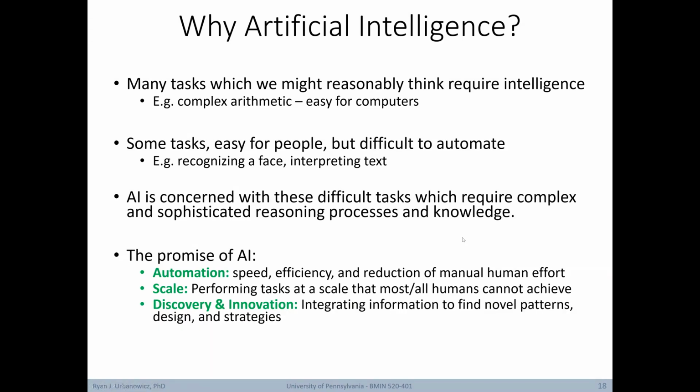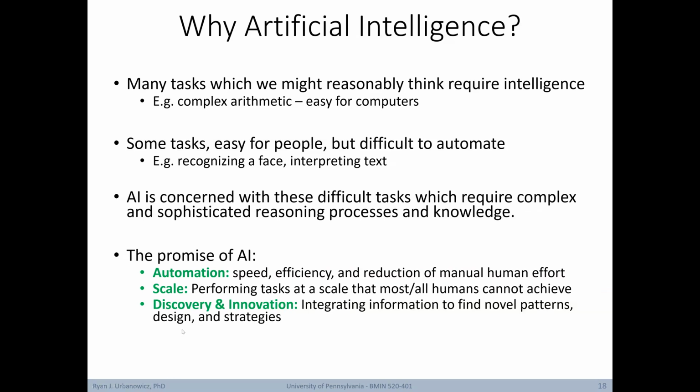So what is the promise of AI? Well, the first is automation, right? So in other words, we want to improve speed, efficiency, and the reduction of manual human effort. Of course, when we hear automation, it also conjures concerns about machines taking over people's jobs, which is a reasonable point also. Then we have scale, right? We want machines to be able to perform tasks that humans can do at smaller scales, but becomes impractical or impossible for them to complete as the problem gets bigger or more complex.